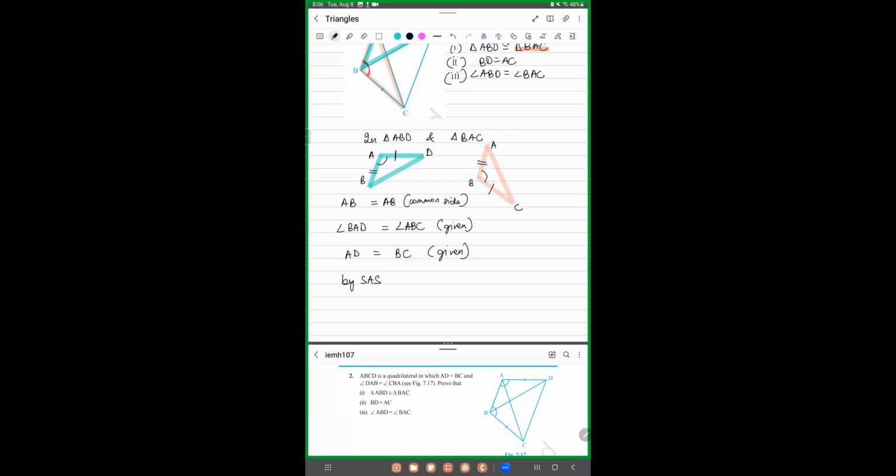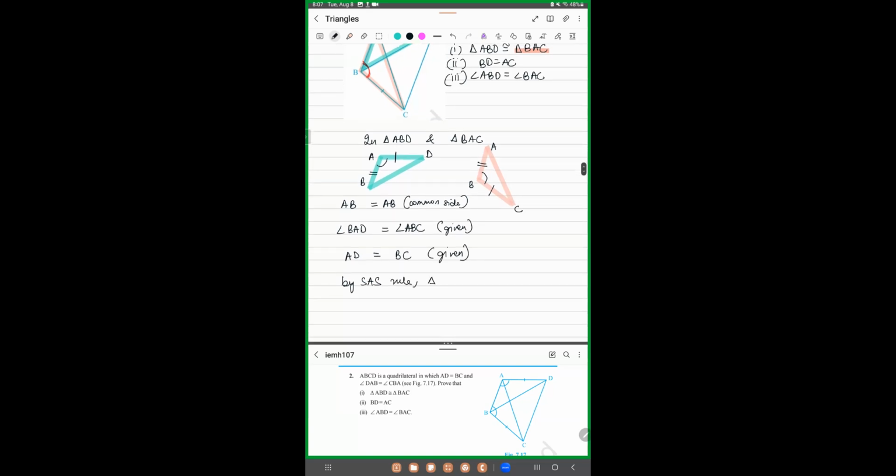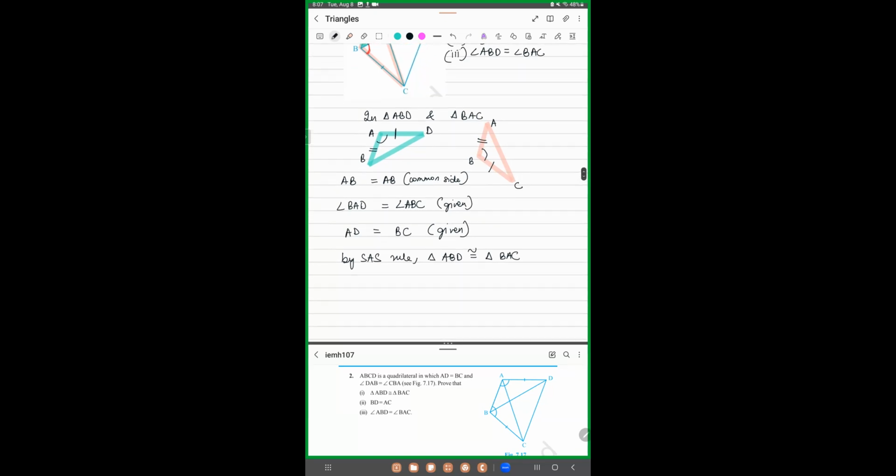By SAS rule, which triangle is congruent to which triangle? Triangle ABD is congruent to triangle BAC. Why is it like that? Why can't we just write ABC? Because when we say triangle ABD is congruent to BAC, that means AB is equal to BA.